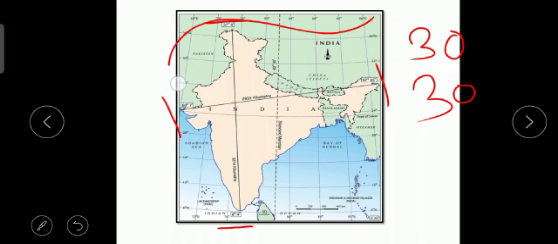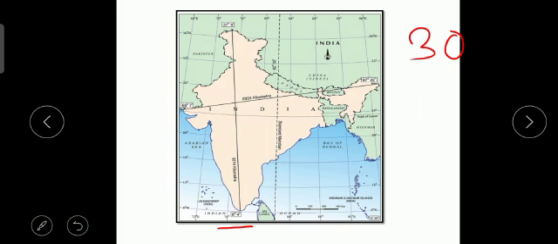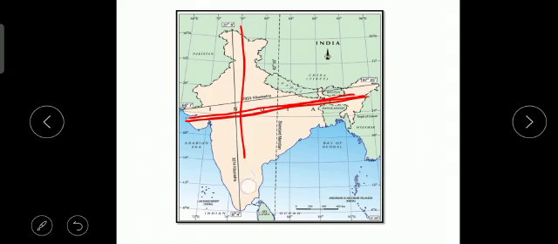So the whole extension of India is about 30°. But if we look at the map, we'll find that east-west appears to be smaller than north-south. North-south looks big, but the reality is that both are the same, that is 30°.